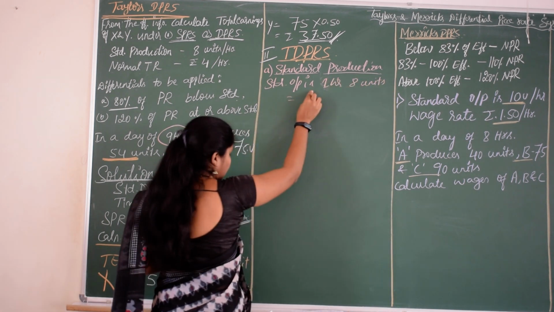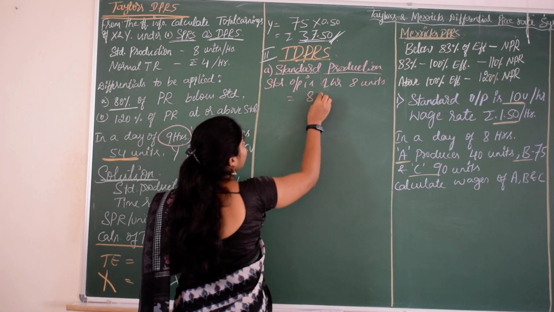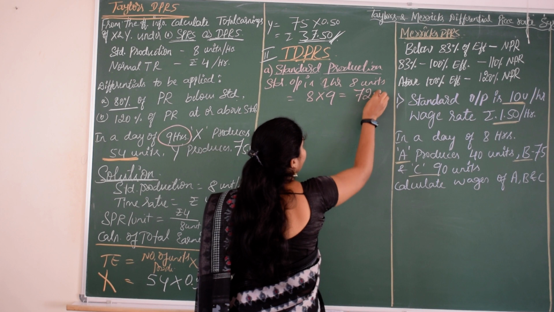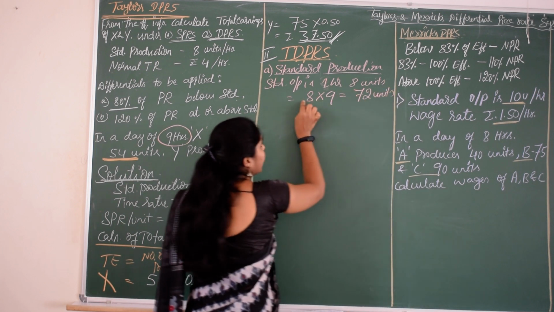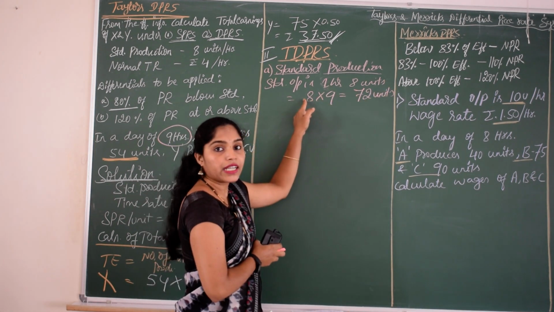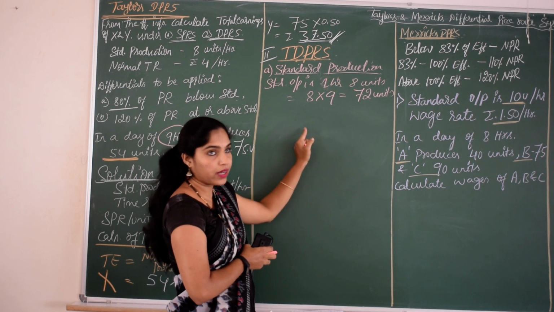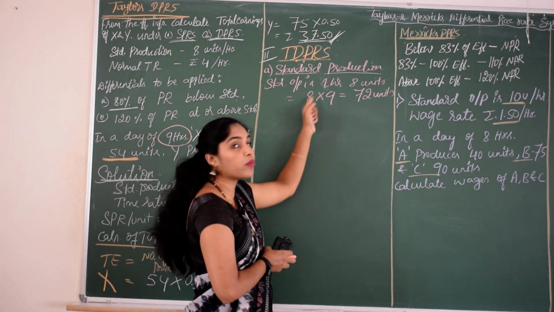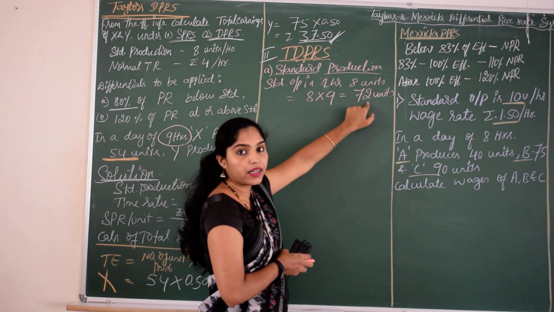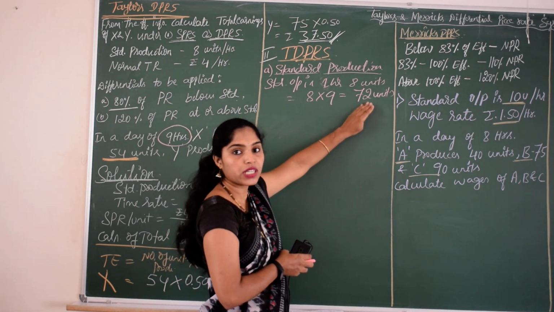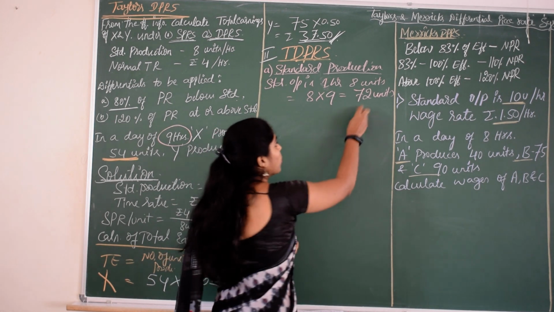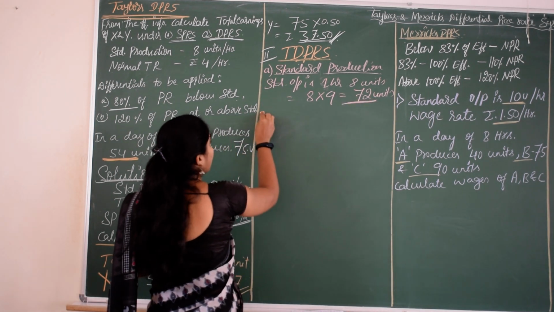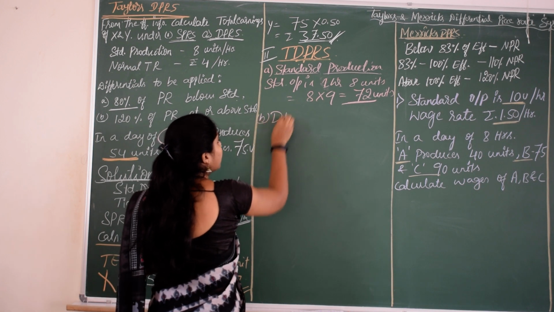Therefore, 8 into 9 we are going to get 72 units. 8 is the number of units produced in 1 hour, and the employees work for 9 hours a day. If you multiply these two you will get the standard production. So, now the standard production is 72 units.